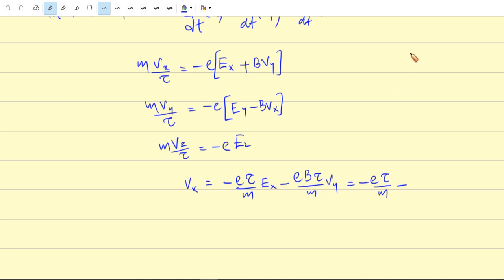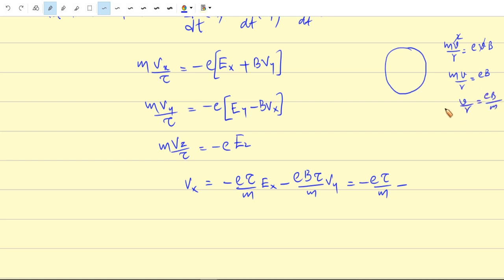If an electron is in a transverse magnetic field, then it makes a circular orbit. In this circular orbit, the centripetal force is given by mv squared by r is equal to evB. Okay, the Lorentz force. So therefore this v cancelled.